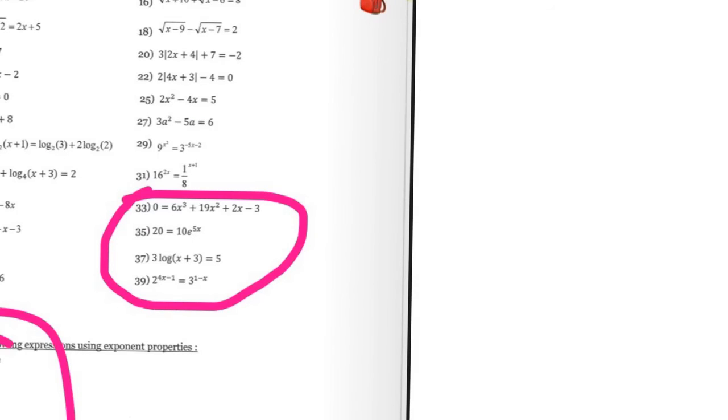Looking at problem number 39, we have 2 to the 4x minus 1 equals 3 to the 1 minus x.